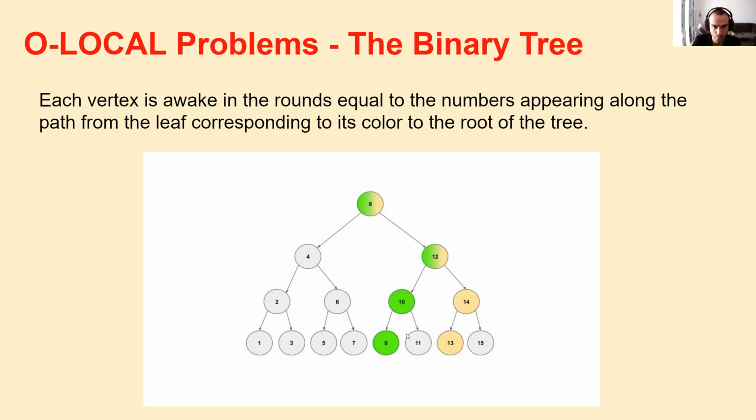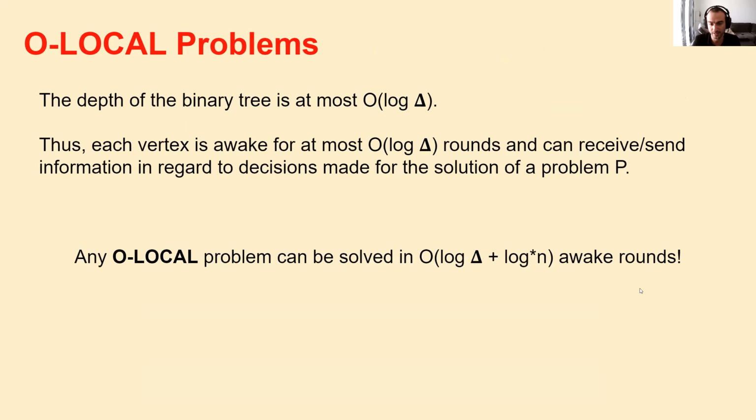So we make sure that by waking a vertex in a number of awake rounds equal to the depth of the binary tree, any O-local problem can be solved. And a binary tree has only O(log Δ) depth, and thus that is the performance of the algorithm.